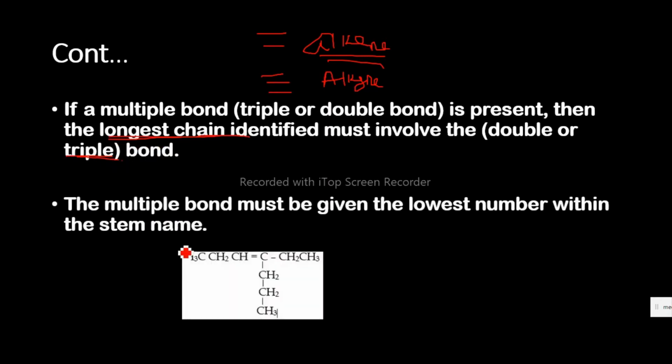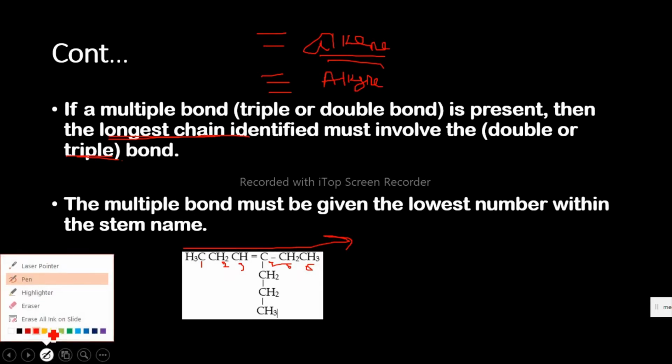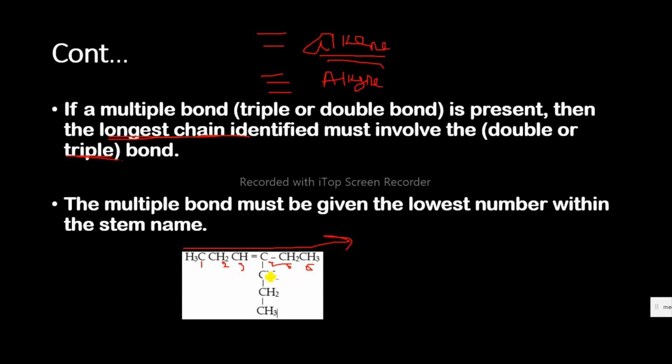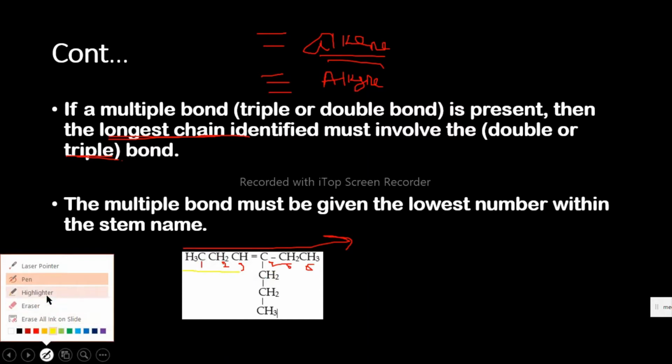You can count, if we count from left to right, this will be carbon 1, this will be carbon 2, this will be carbon 3, this will be carbon 4, this will be carbon 5, and this one will be 6. Okay? Good, you keep that. Let me change some pen. If we count from here, oh, this pen is not favorable for the white.